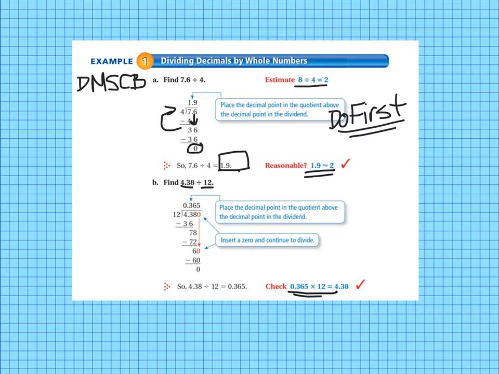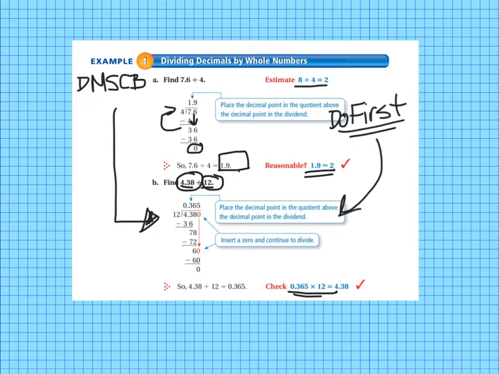So again, your first number goes inside the bracket, and your second number goes outside the bracket, just like with whole numbers. Nothing has changed. And you put your decimal point up on top of the bracket, and you continue on using your algorithm for long division.